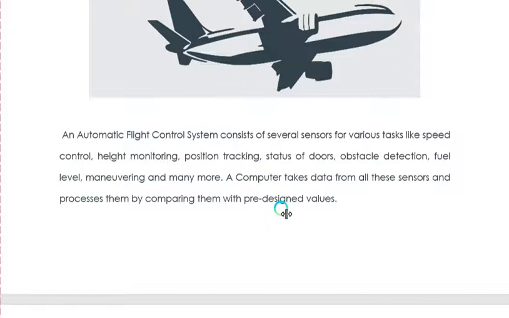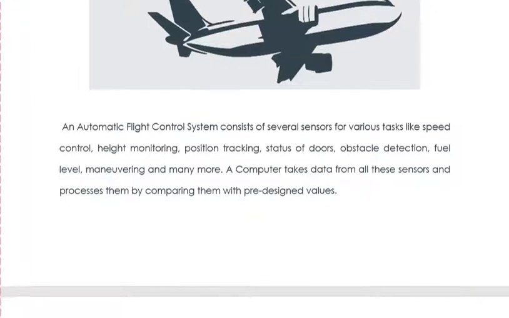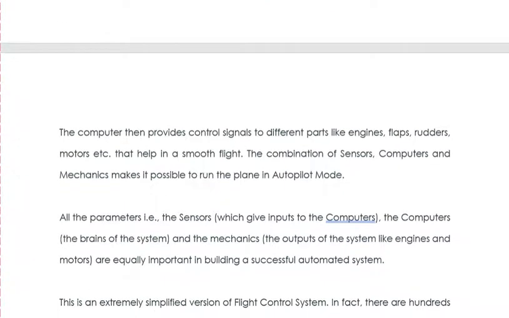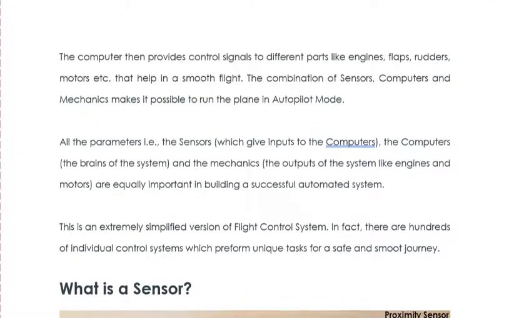A computer takes data from all of these sensors and processes them by comparing them with the pre-designed values. The data we measure and acquire is used by the computer to process and compare against the pre-programmed values. Then the computer provides control signals to different parts like engines, flaps, rudders, motors, etc.